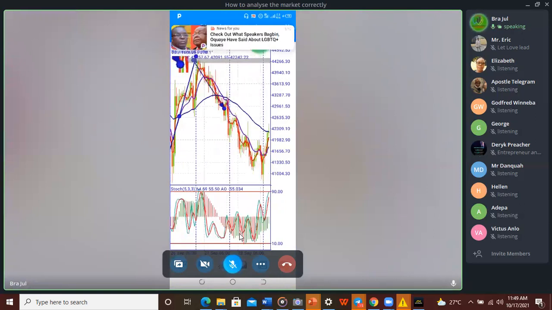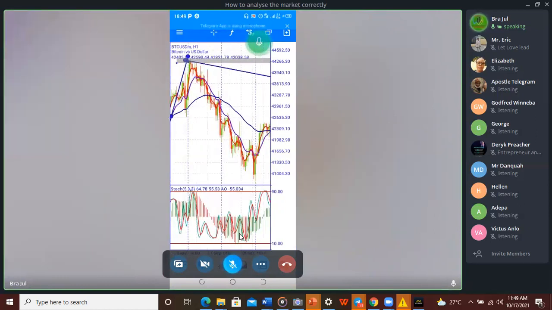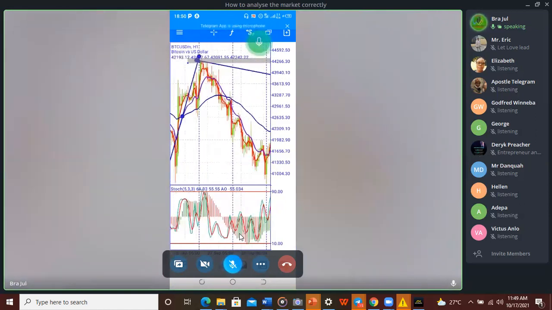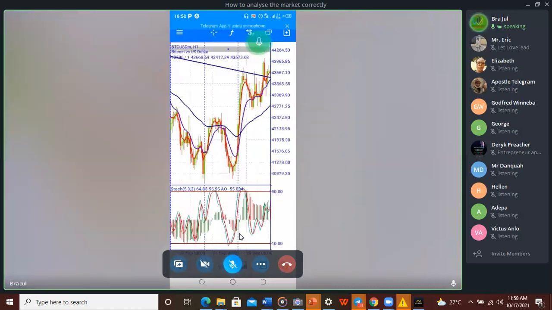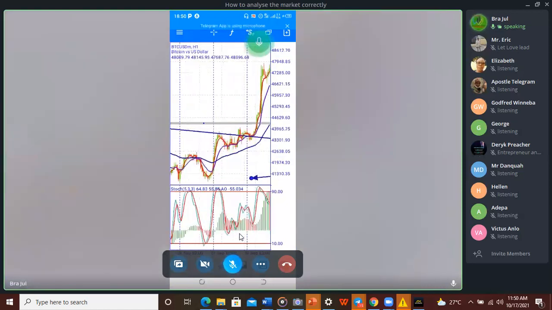But for you to catch the move early, support and resistance levels can help you a great deal.